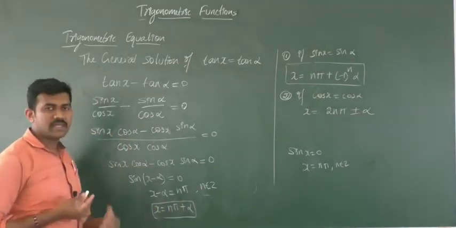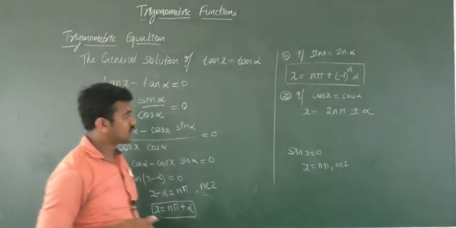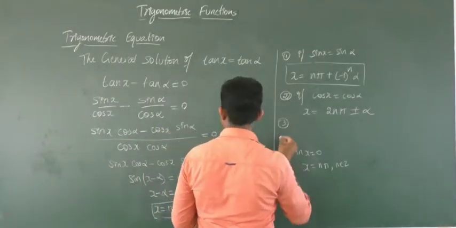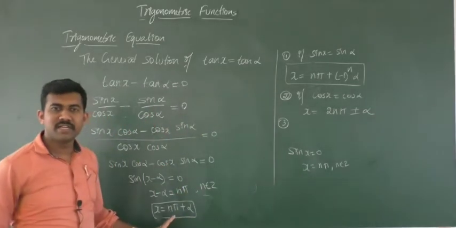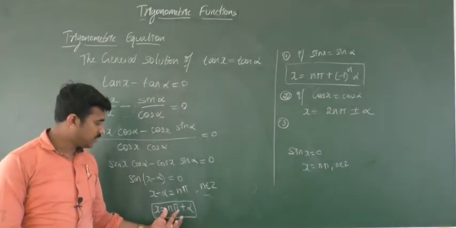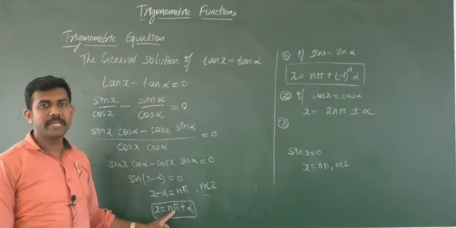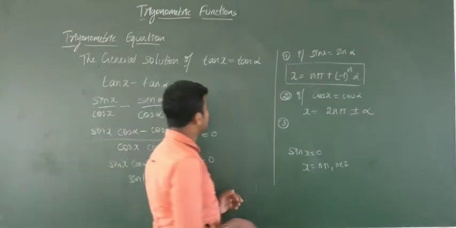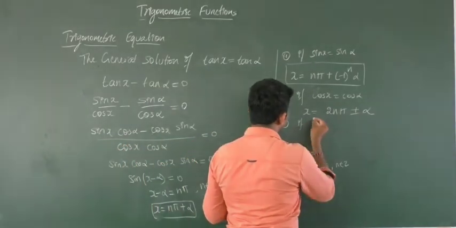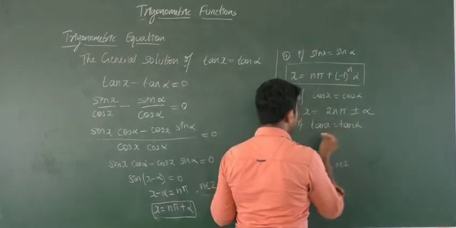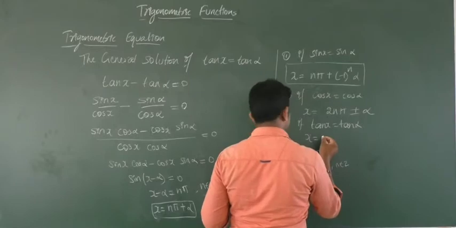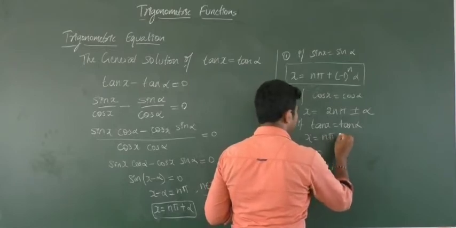Only one form: you actually get infinitely many solutions, but here we can write only one form, n pi plus alpha. So if tan x is equal to tan alpha, then x is equal to n pi plus alpha.